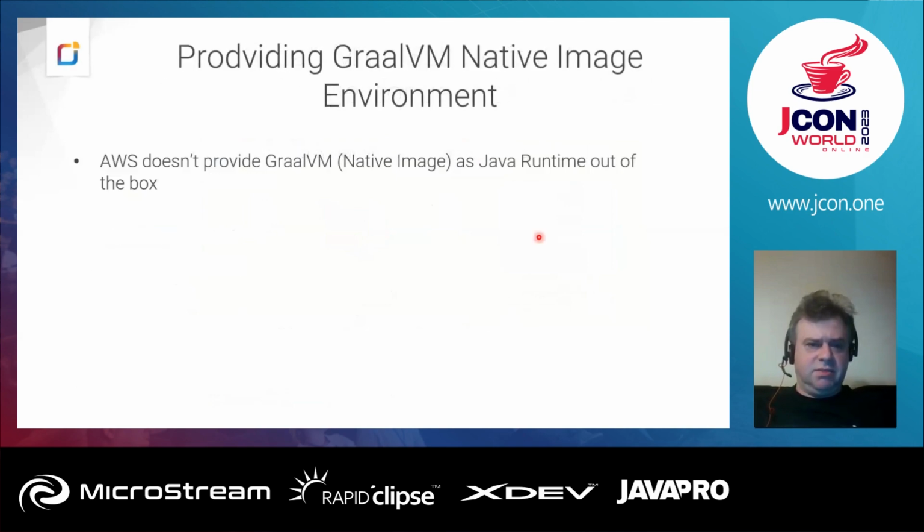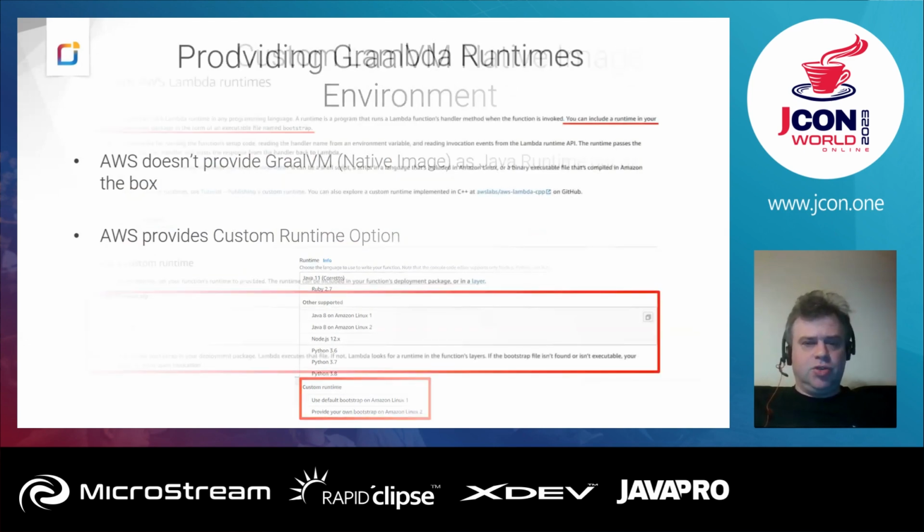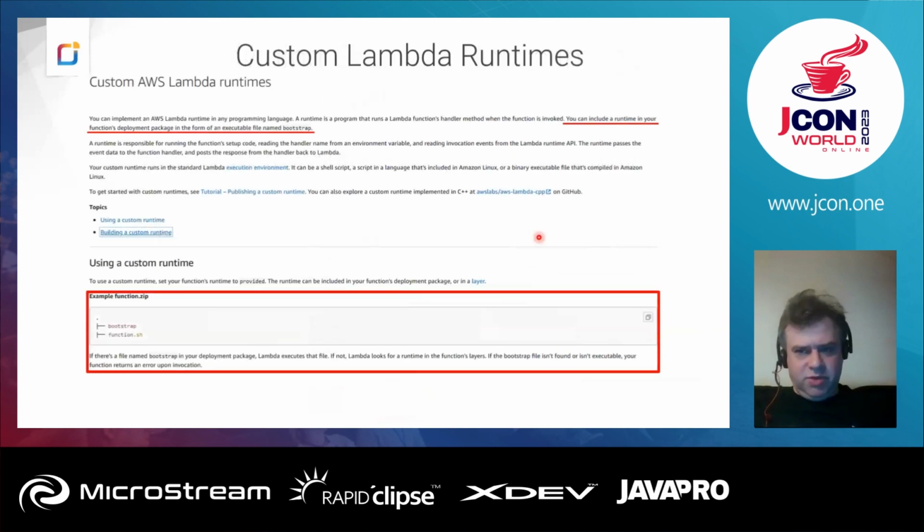AWS has several solutions. Once again, it doesn't provide GraalVM, but it provides a custom runtime. And with that custom runtime, you can deliver native executables as well. AWS specifies that format. It should be only Linux executables, but anyway, it's more or less like a function zip.